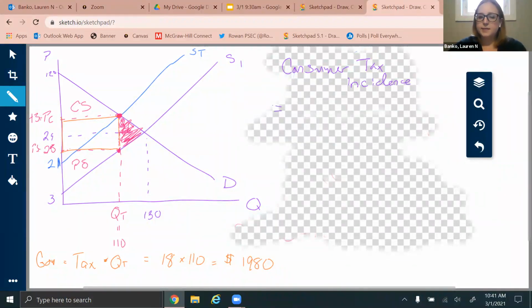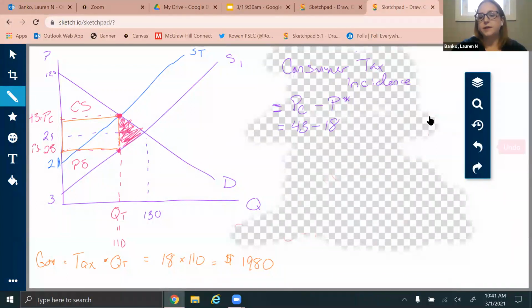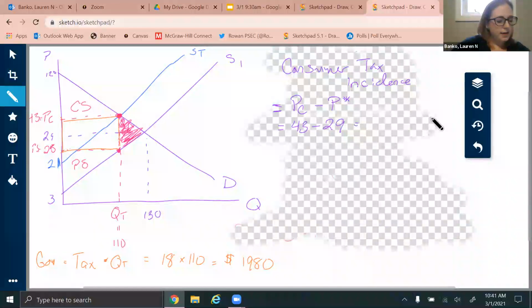To find this incidence, we take the price consumers pay now and subtract what they were paying before at the equilibrium. This is 43 minus 29. And altogether, they pay $14 of this tax, because that's the difference between what they're paying now and what they were.